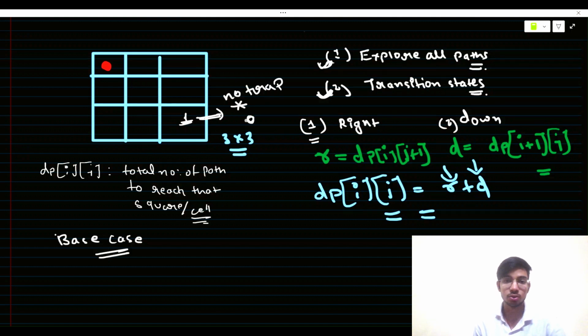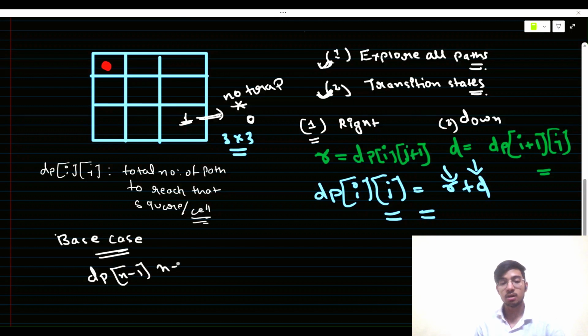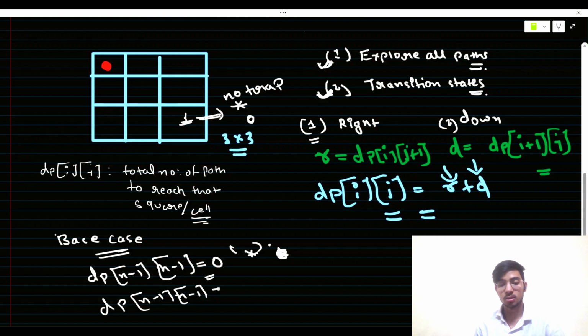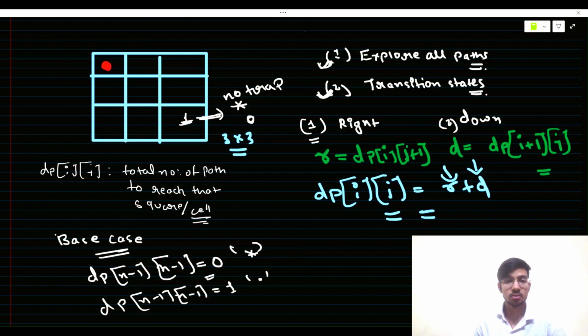If it is a trap, you initialize it with 0. So dp of n minus 1, n minus 1 is going to be 0 if it has a trap. Otherwise, you initialize it with 1 if there is no trap. So this is the base case. Suppose there is no trap, so you initialize it with 1.